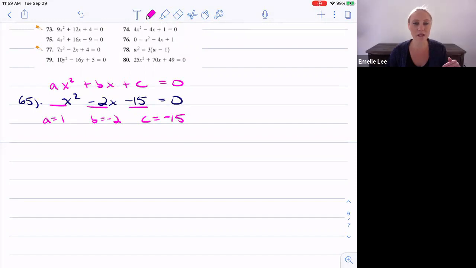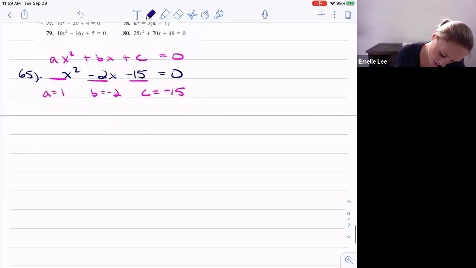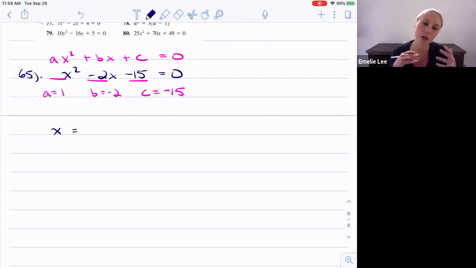So we can find solutions by using the quadratic formula. And you'll probably end up memorizing this thing. I know it looks huge right now, but you will probably just end up memorizing it.